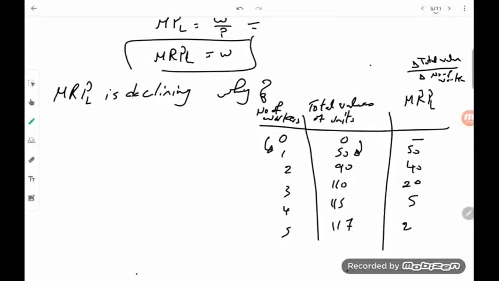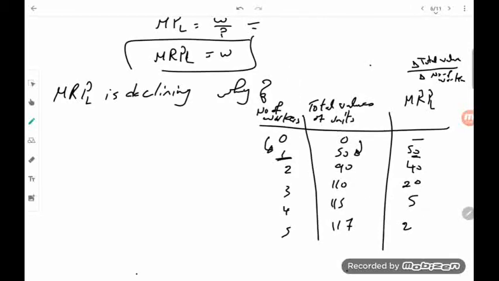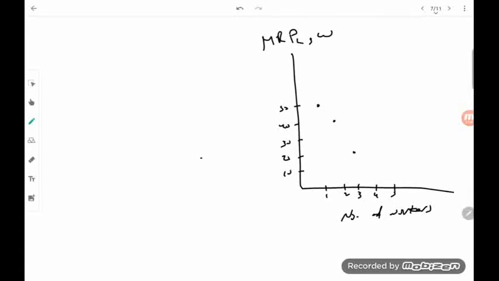As we said, when number of workers is 1, marginal revenue productivity is 50, then 40. So 1 and 50, 2 and 40, 3 and 20, 4 and 5, 5 and 2.